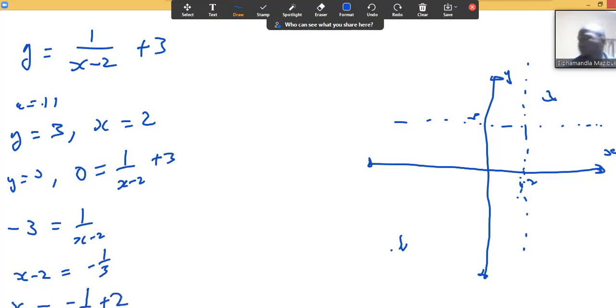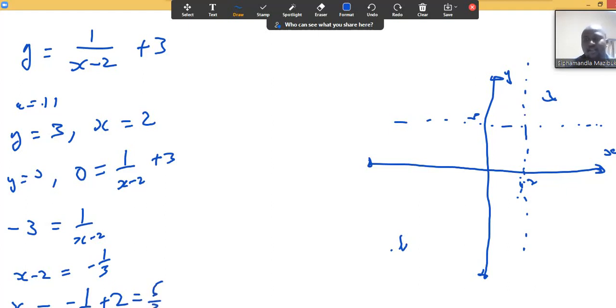You can put it in the calculator: you have a minus 1 over 3, you have a plus 2, so you should get 5 over 3. So that gives us 5 over 3.